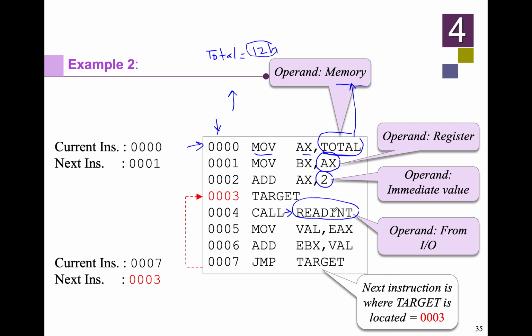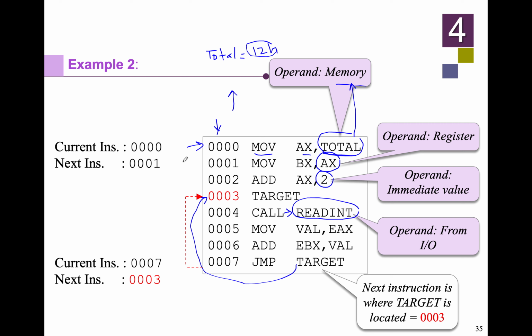Anything that you key in is going to be the value. So this one is similar to a register, and this is from your memory, and this one is the next instruction, which is what next instruction you are going to go to, which is go to the target.